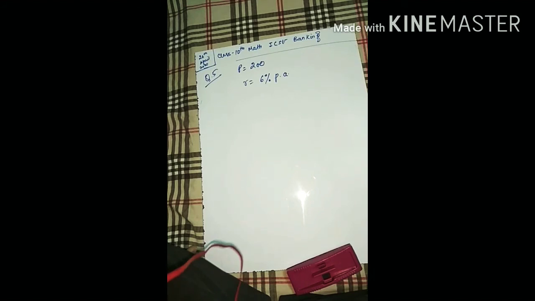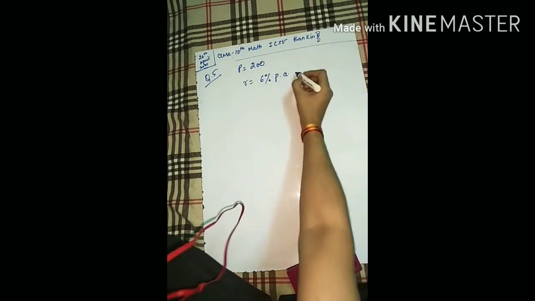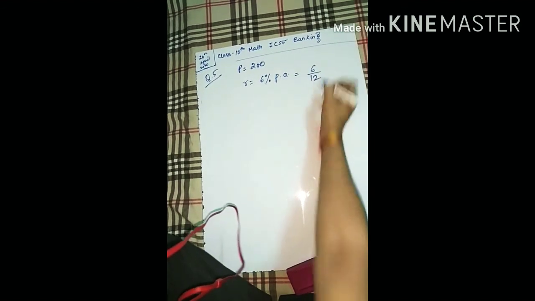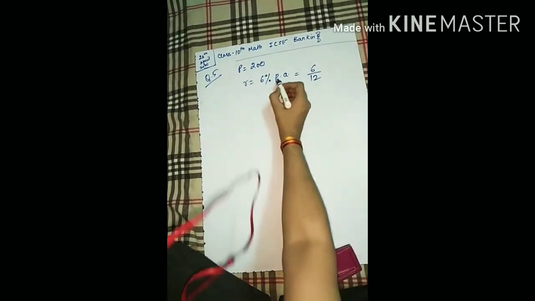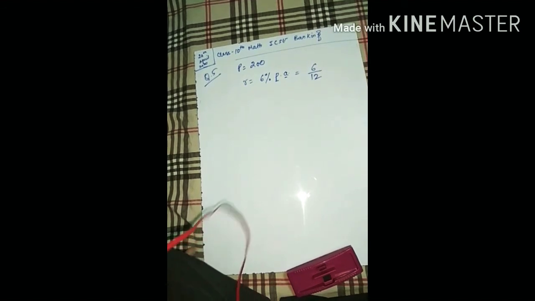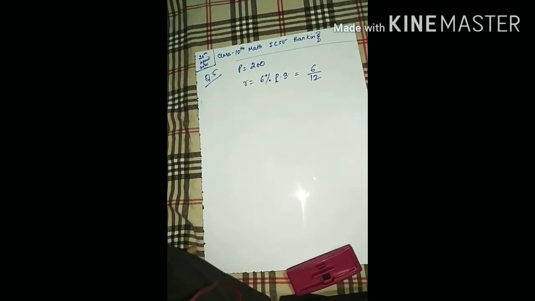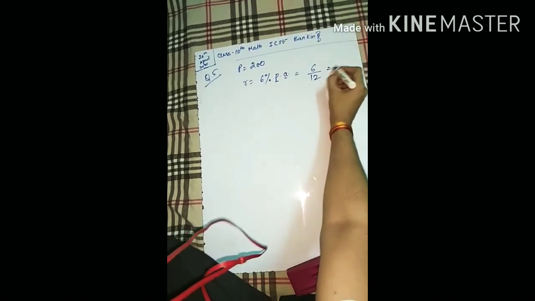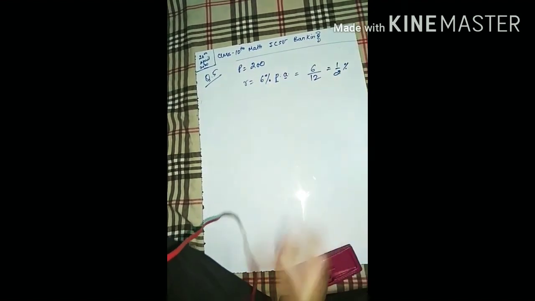How many months are there? 12 months. So the rate will be changed. That means 6 divided by 12 we have to do, because this is for per annum, per year, and we have to calculate for per month. So that is why we are dividing by 12. So this will be 0.5%.